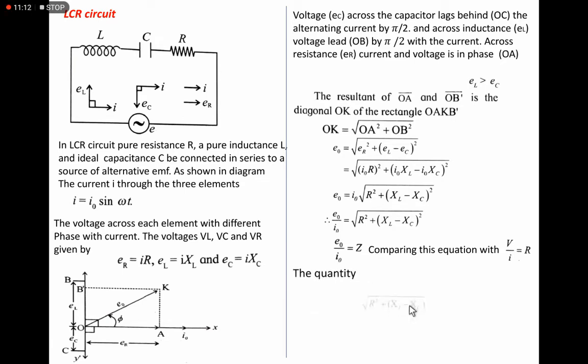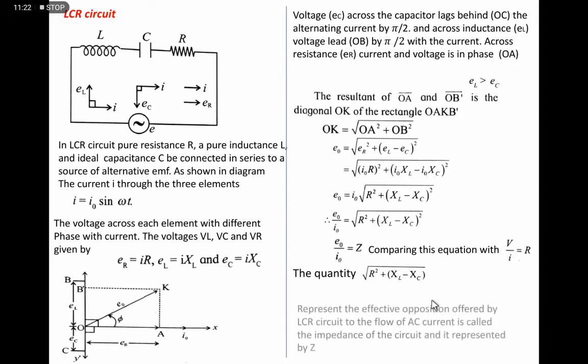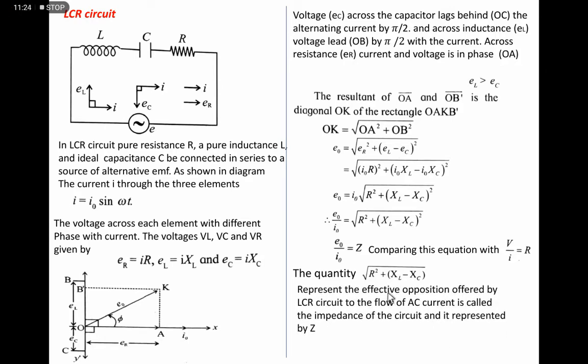The quantity square root R square plus (XL minus XC) bracket square is the impedance. The effective opposition offered by the LCR circuit to the flow of AC current is called impedance. This is the definition of impedance, you can say.